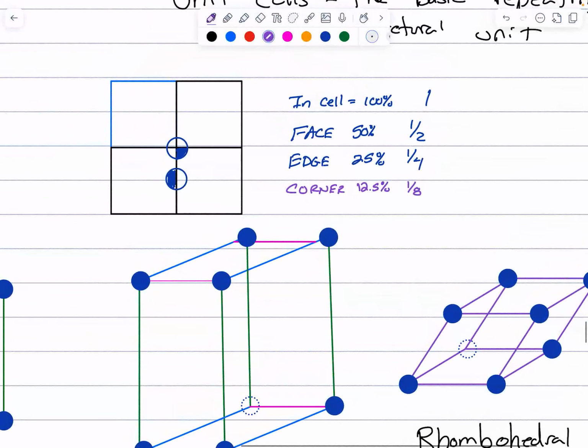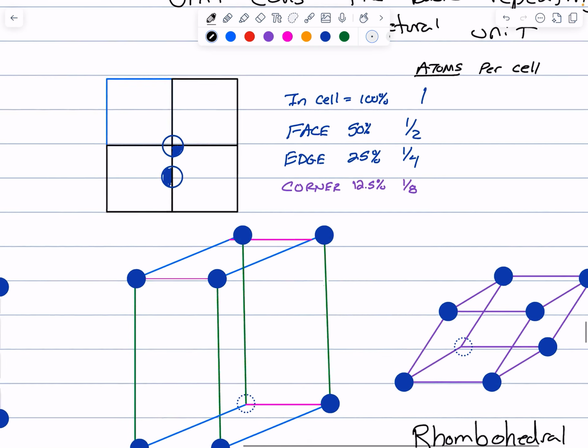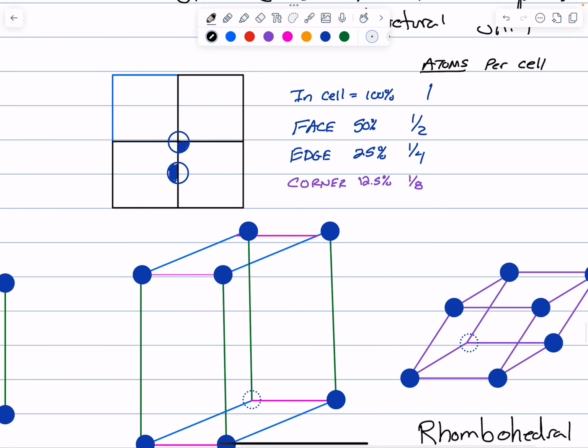So these are the atoms per cell based on location. If we are inside the cell, the whole atom's inside the cell. If they're on the face, edge, or corner. So what are these?